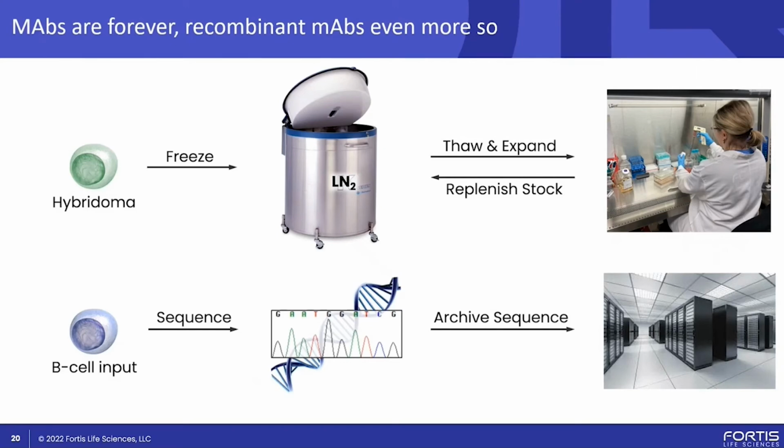With recombinants, on the other hand, while there is a physical material, generally in the form of a glycerol stock of the plasmid expressing the heavy chain and the plasmid expressing the light chain, you also have the sequence as essentially data. And so that data can be archived in a secure fashion with backups. And so there's really no reason, with offsite backups and with cloud availability, that you would ever lose the ability to make that antibody.